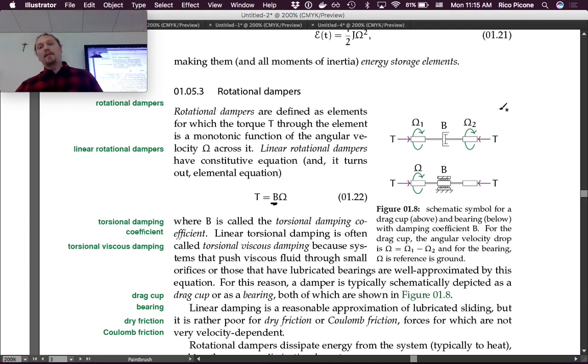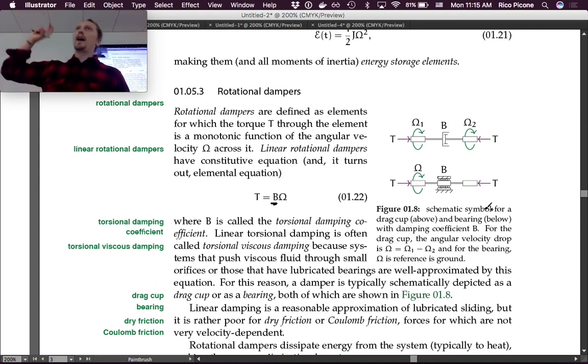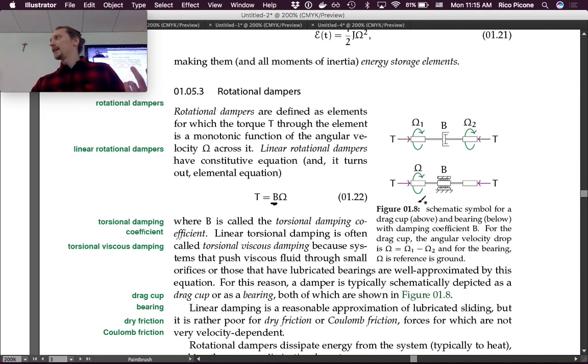And then we also have this bearing representation here. If you go through a bearing, the shaft doesn't change velocity on each side. The shaft has one velocity through it. But the bearing is typically housed with connection to the chassis, right? So the bearing connects to the chassis. So the other velocity with a bearing is usually 0, or whatever the chassis angular velocity is, which 99.99% of the time is going to be 0.